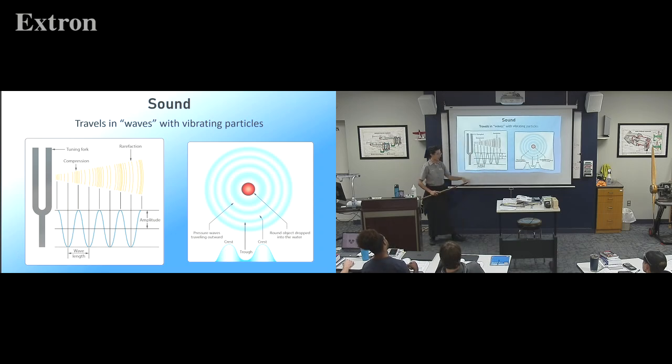Looking at it another way, it looks like a wave, which is how we typically think of sound, as a sound wave. Or you can think about it as dropping something into a bowl of water, and you see these waves moving out, one pushing against the next one.